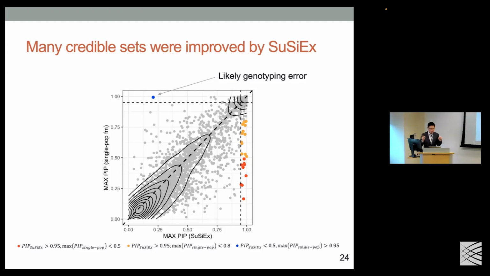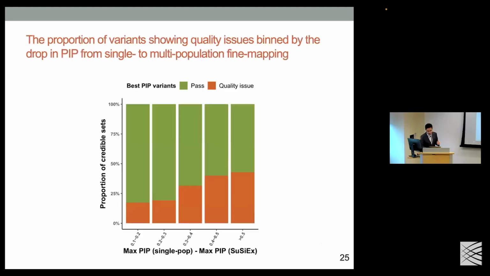Yes, there are a lot of indels there. We're using imputation data, and if regions are in the range of indels, the imputation quality might be a problem. We dug further into these quality issues.